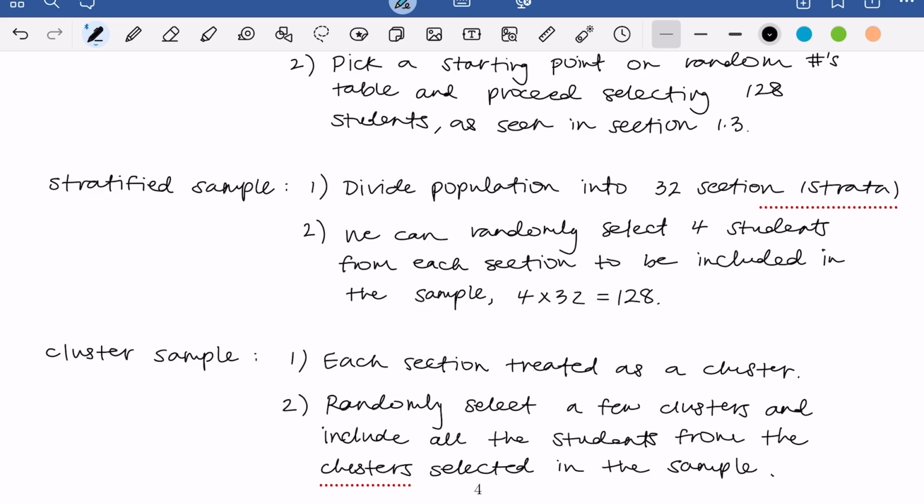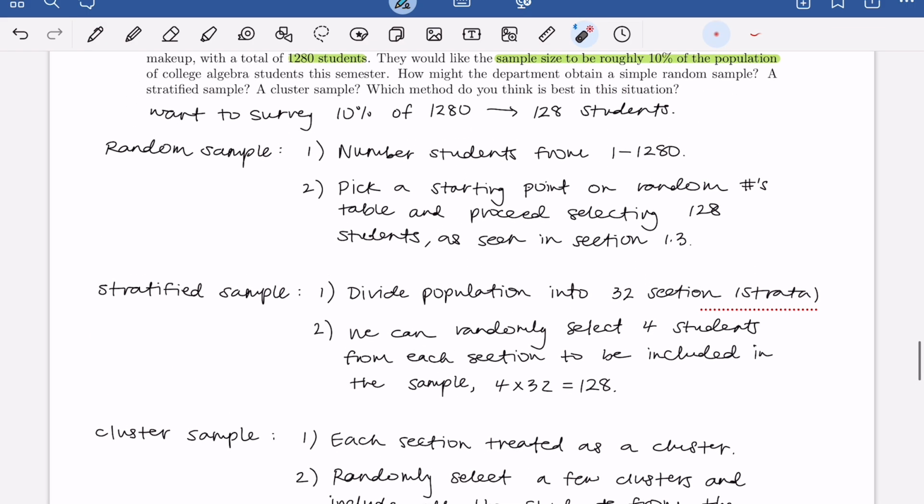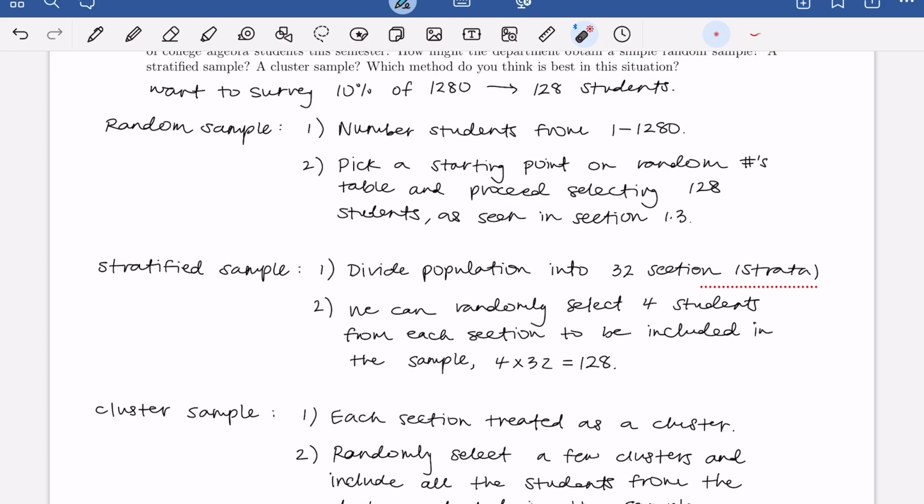All right, so that's how we would obtain a cluster sample for this given scenario. And in the textbook, there's a nice little diagram that shows the different ways to obtain these different samples, so definitely go check that out if you're struggling with any of these differences.